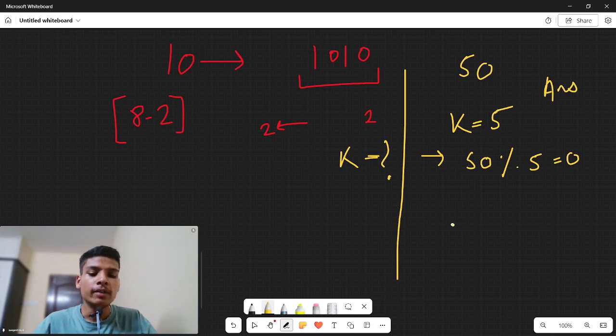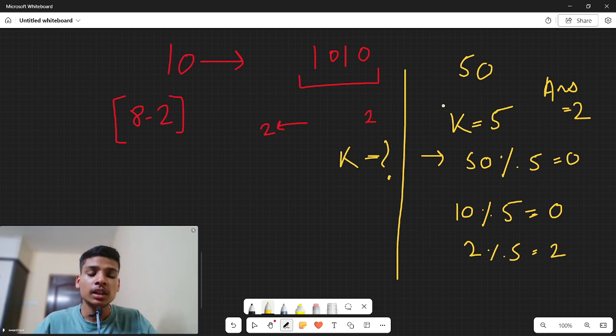Now divide 50 by 5, that is equal to 10. Again, is 10 divisible by 5? Yes, so the modulus will be 0. Again divide by 5, and now it remains 2. Now 2 modulus 5 is simply 2. Now add 2 to your answer. So my answer will be 2.